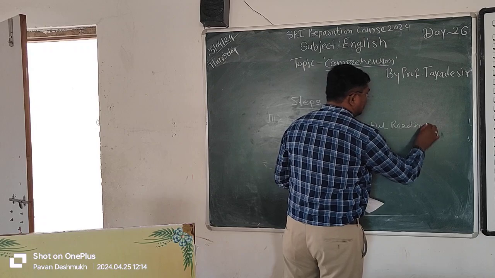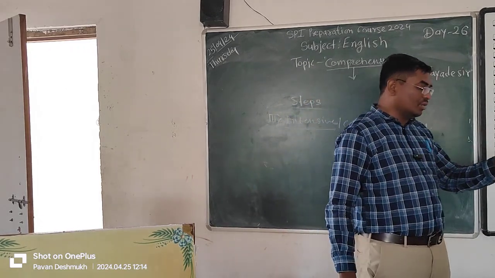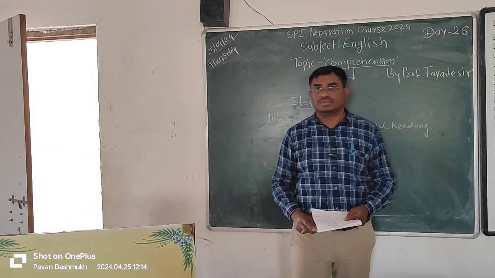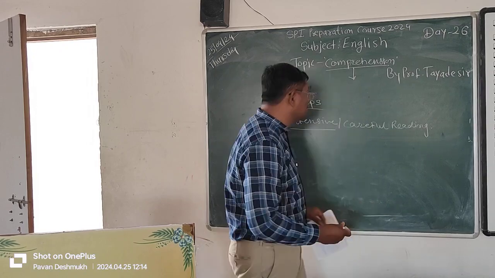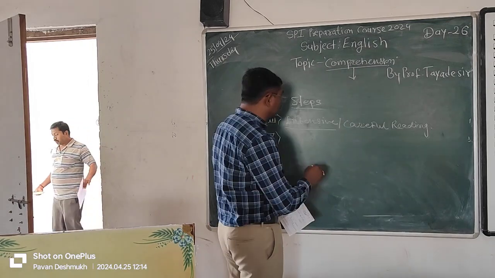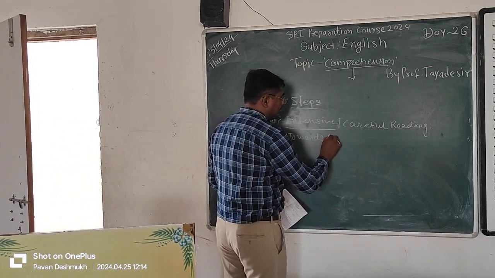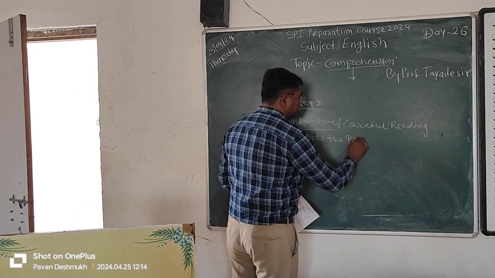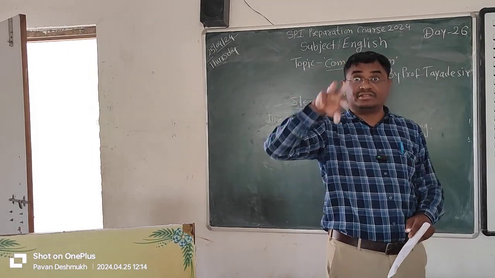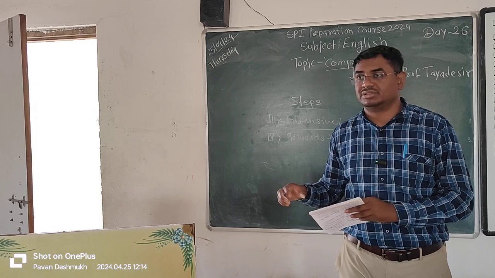Here you have to go through the words or the content of the question also. Then after that you can move to the fourth stage. You have to move toward the questions. After reading three times, then you read the questions.